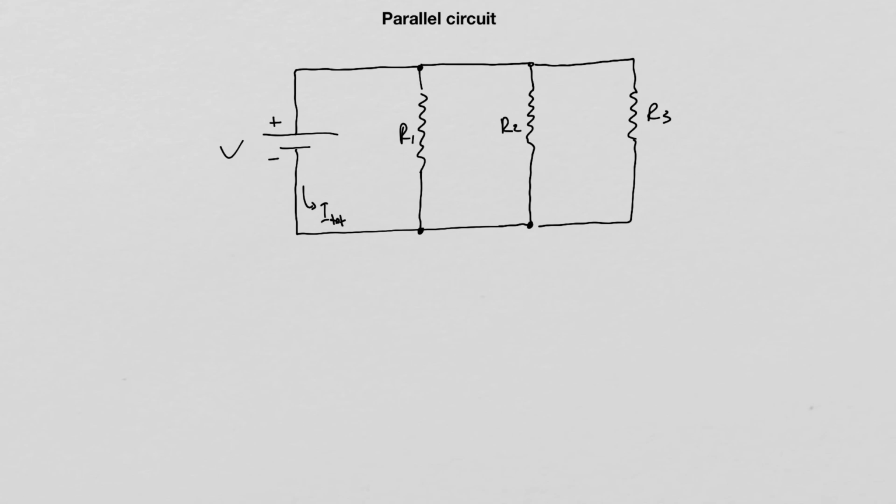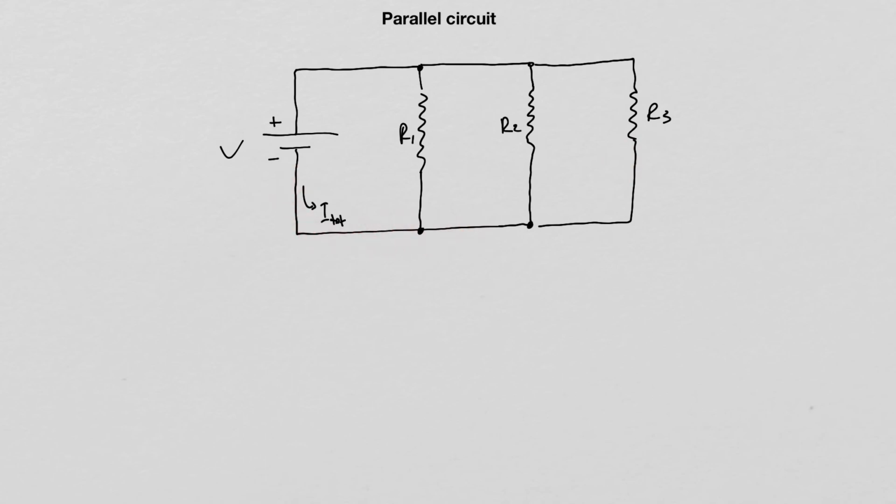So here's an example of a parallel circuit. We have our power source, and then we have 3 resistors, R1, R2, and R3. One terminal from each resistor is connected to the positive terminal of the battery, and the other terminal from each resistor is connected to the negative terminal of the battery.